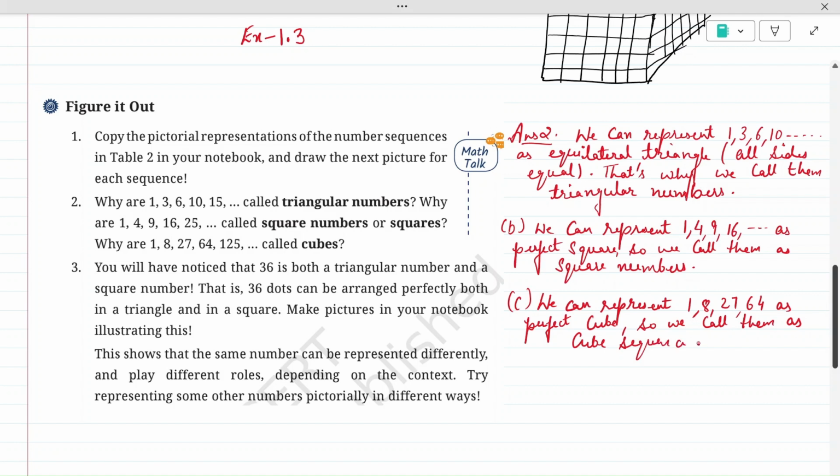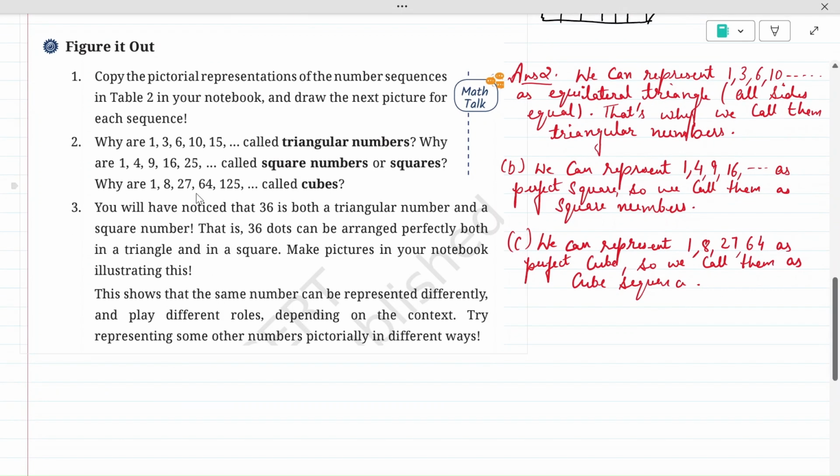Okay. Next, third question. Third question is, you will have noticed that 36 is both a triangular number and a square number. That's true. That is, 36 dots can be arranged perfectly both in a triangle and in a square. So now we have to make the pictures of 36 dots as a square and as a triangle.